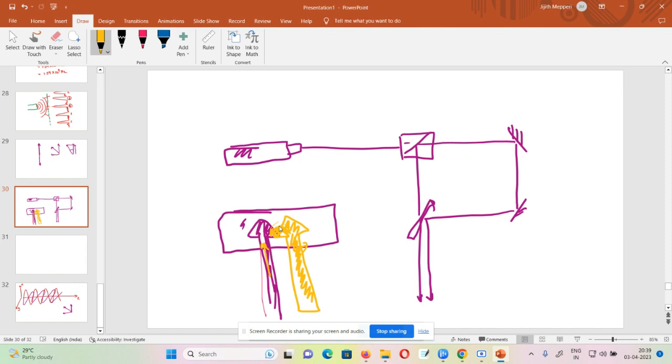Then this mirror projects the light at 90 degrees. And then the next mirror will project onto another beam splitter. This is again a beam splitter.